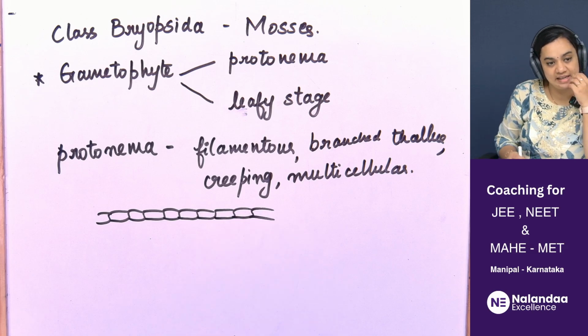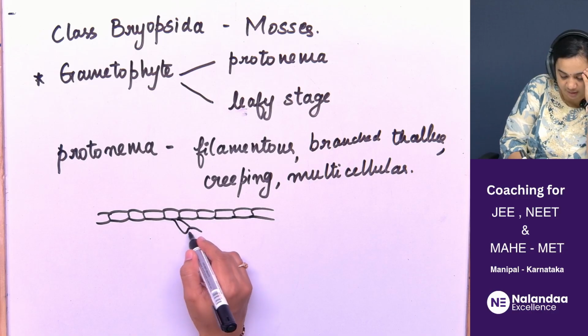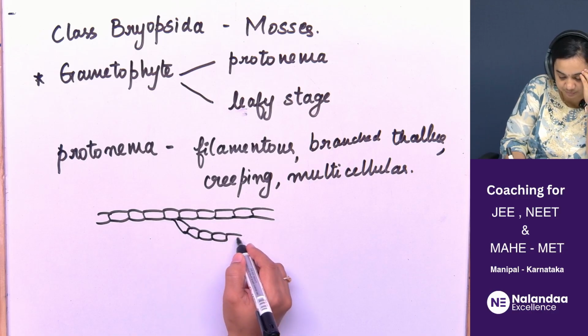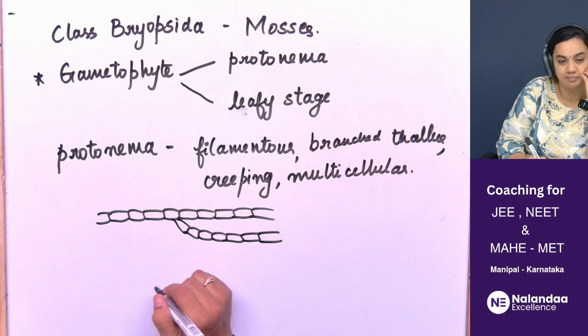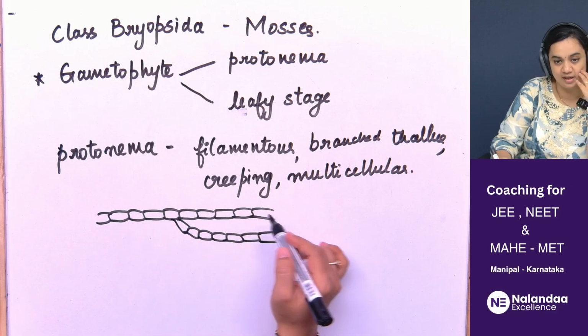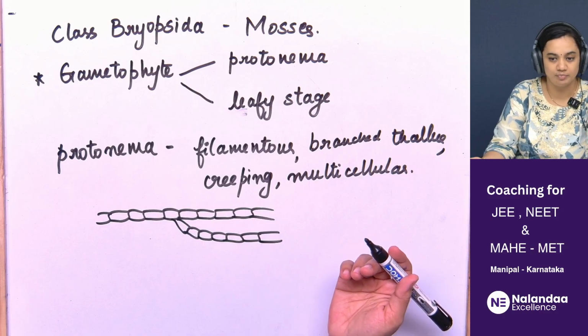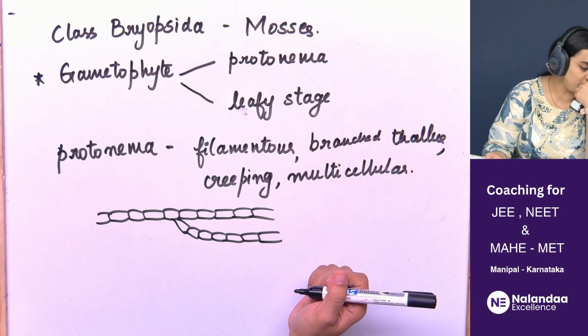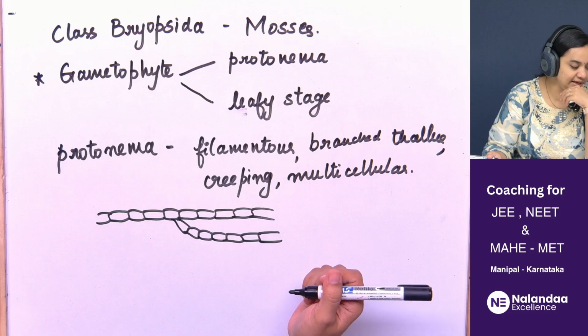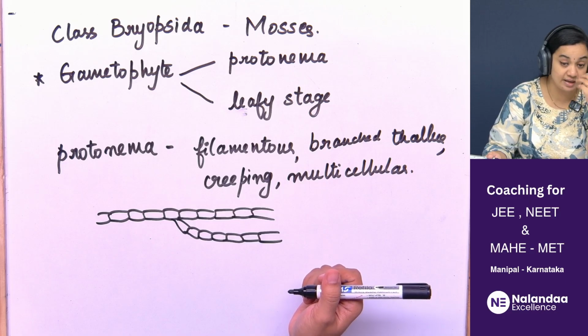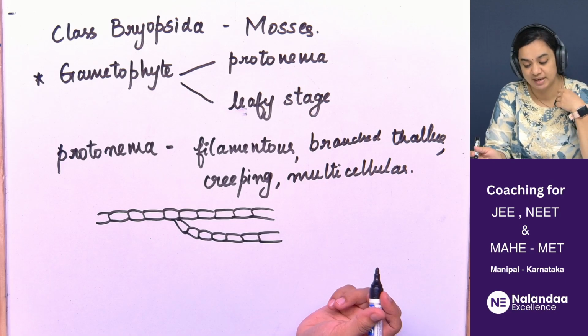It's just a linear chain of cells. Sometimes it could be branched like this. And sometimes it can get cut up here and there, and it will exist as primary and secondary protonema, all that. So protonema is a creeping, green, branched and multicellular filamentous stage.